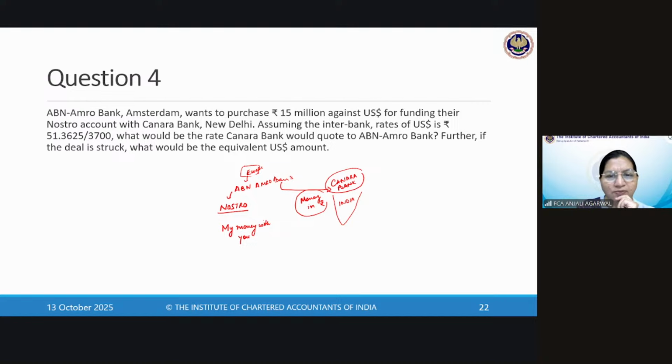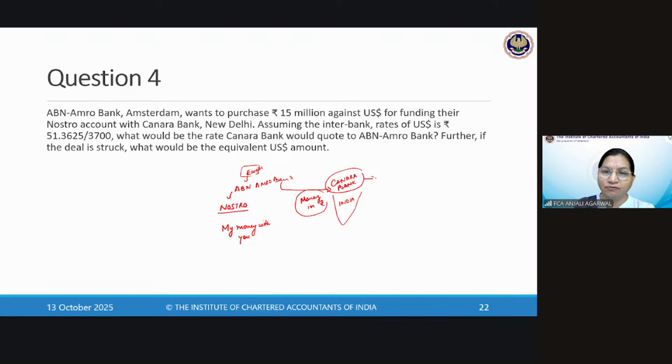Understood what is a Nostro account? My money with you. So what has ABN AMRO Bank done? It has maintained a Nostro account with the Canara Bank in India, where it is keeping money in rupees. So if the ABN AMRO Bank needs to make a payment on behalf of a client to someone in India, that can be done through the Canara Bank in India.